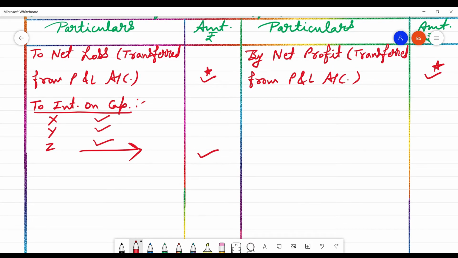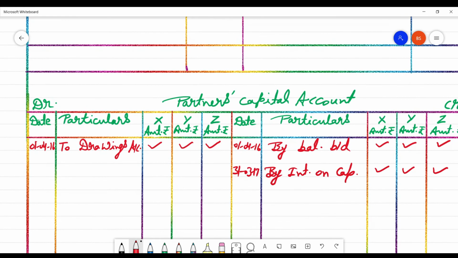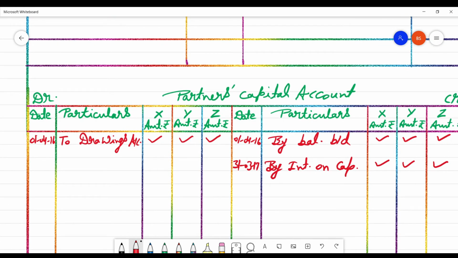After that, we will record interest on drawings, and we will write the last date, "To interest on drawings".